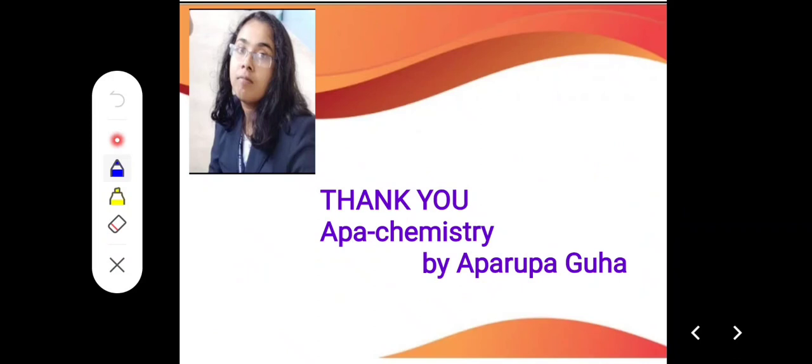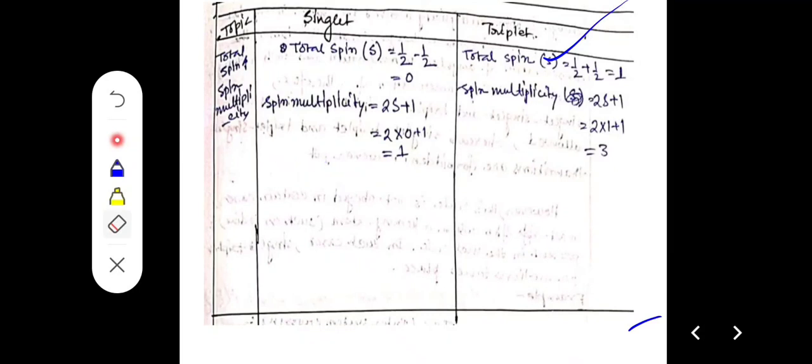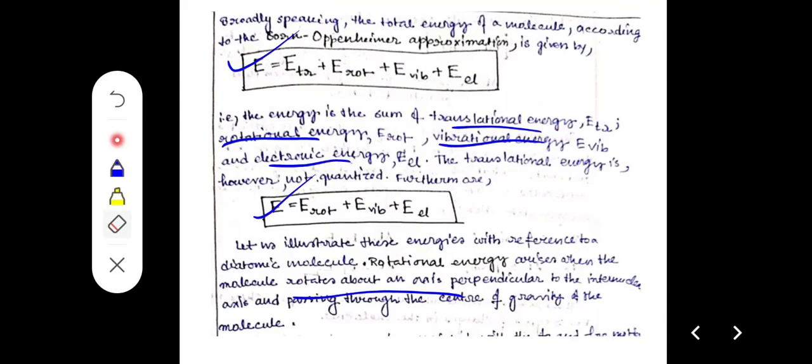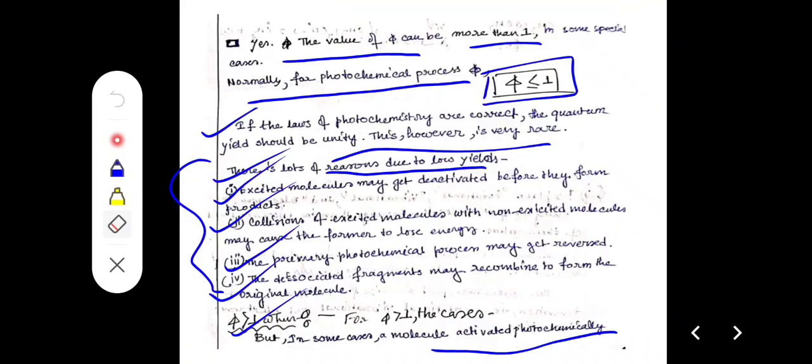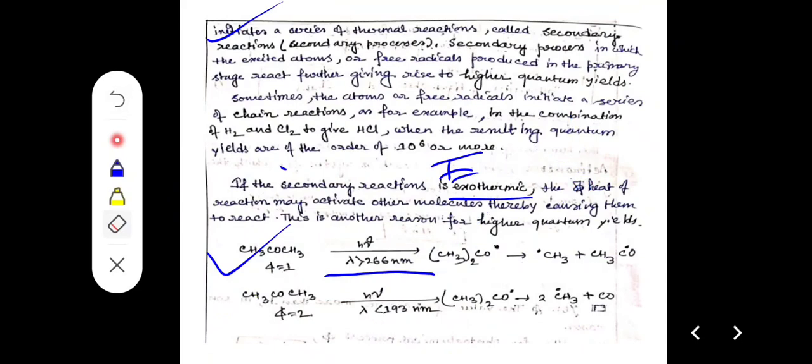Okay. So what is the summary of the whole study? First, the phi value may be greater than 1 in some special cases when, during the primary reaction, some radicals are produced, and these radicals can generate a series of secondary chemical reactions, and due to this the chemical yield increases.